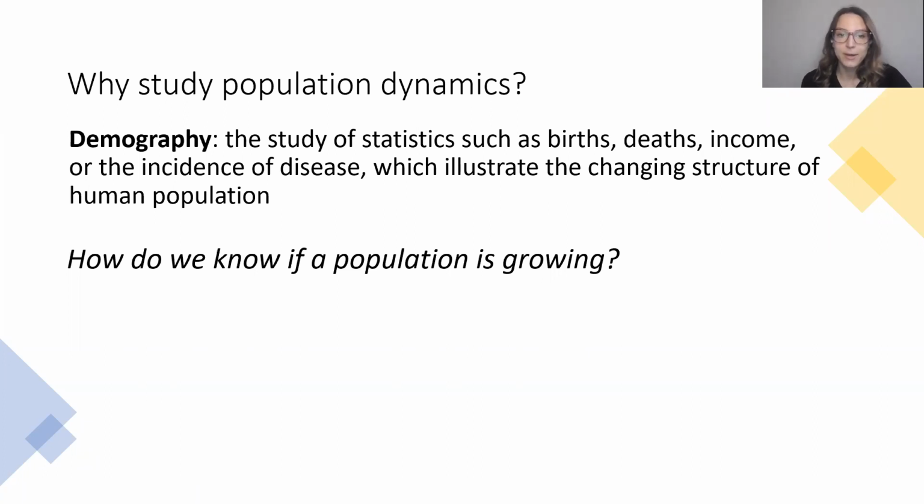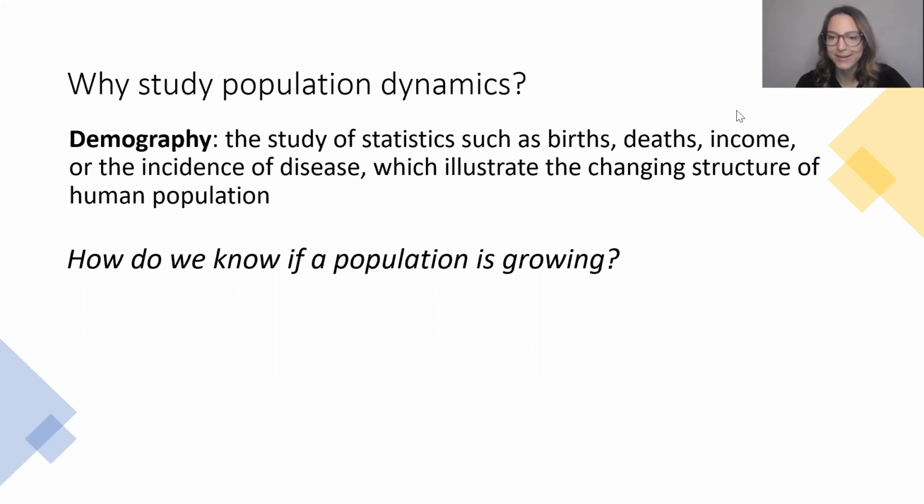So how do we know if a population is growing? What specific statistics might we look at? What do you think? Population density, economic growth, more births and deaths, fertility rate.